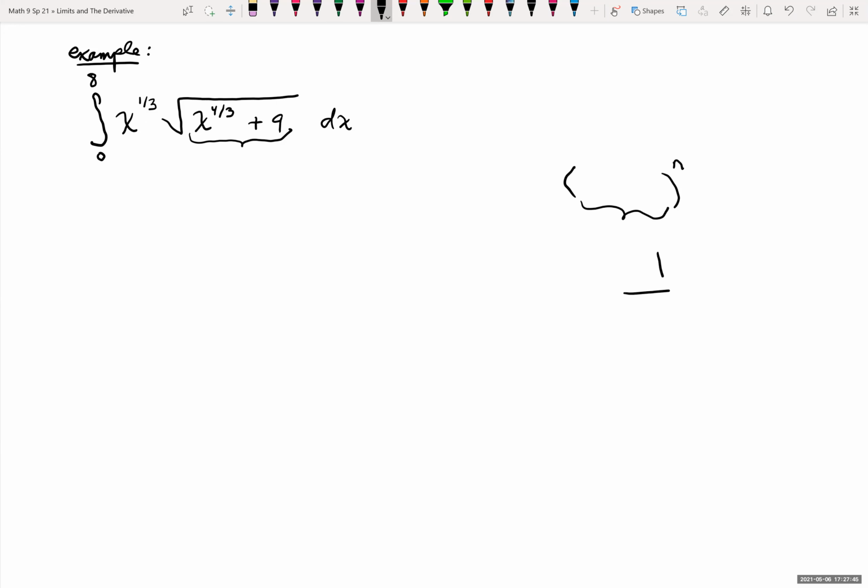I also see that when I do that, there's still a value of x left in that integrand. And my hope, and I usually look at that when I'm choosing that u value, is that when I take the derivative of what I chose u to be, it will cancel out with whatever is left in there that has an x. And so we have u is equal to x to the 4/3 plus 9.